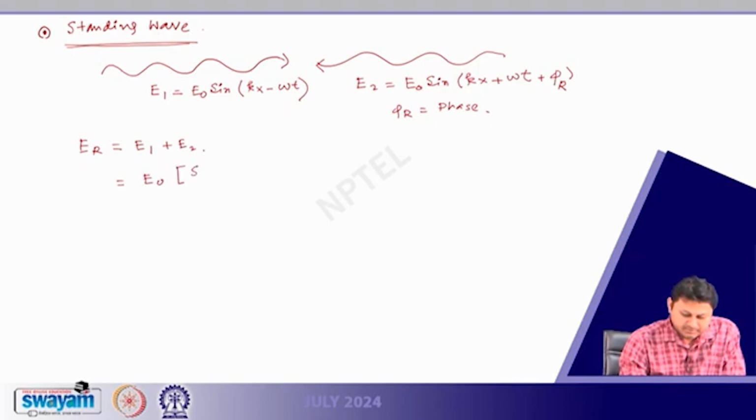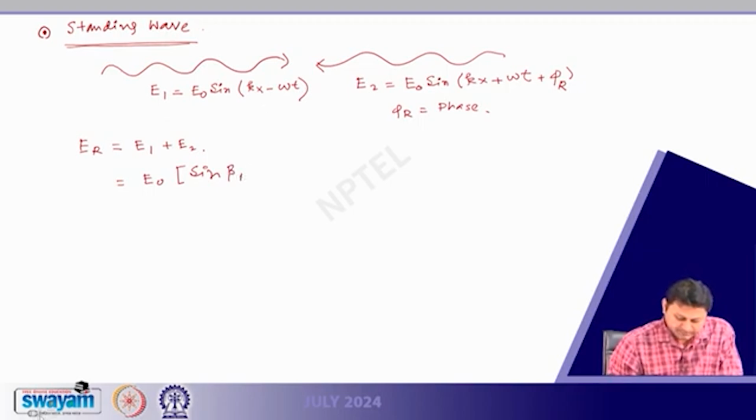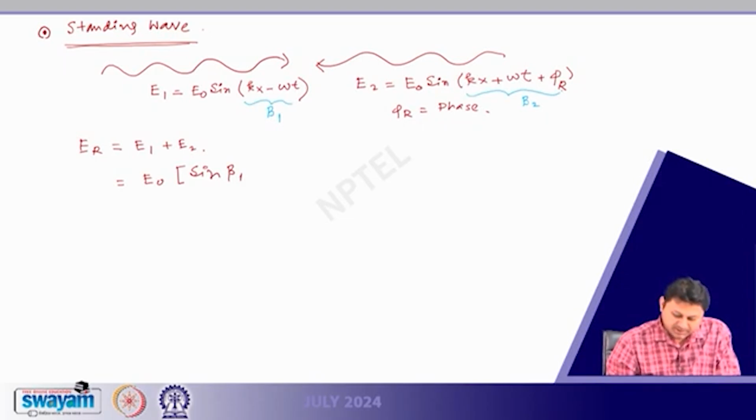I write this term as beta 1 and this entire quantity as beta 2. So it should be sine beta 1 plus sine beta 2.